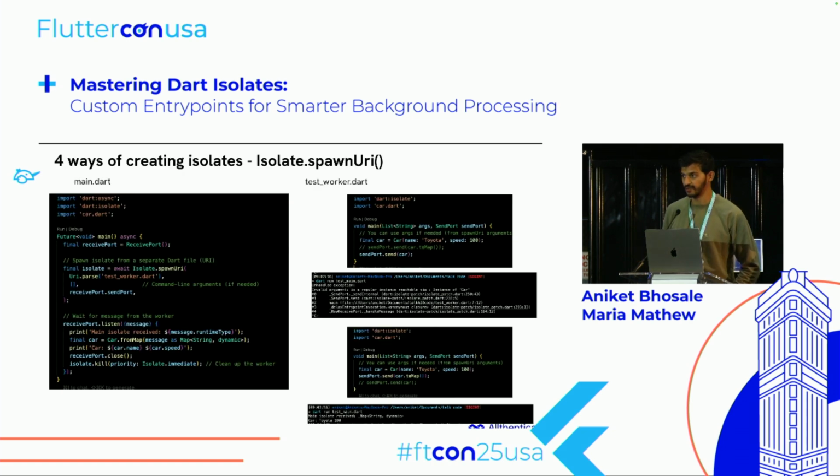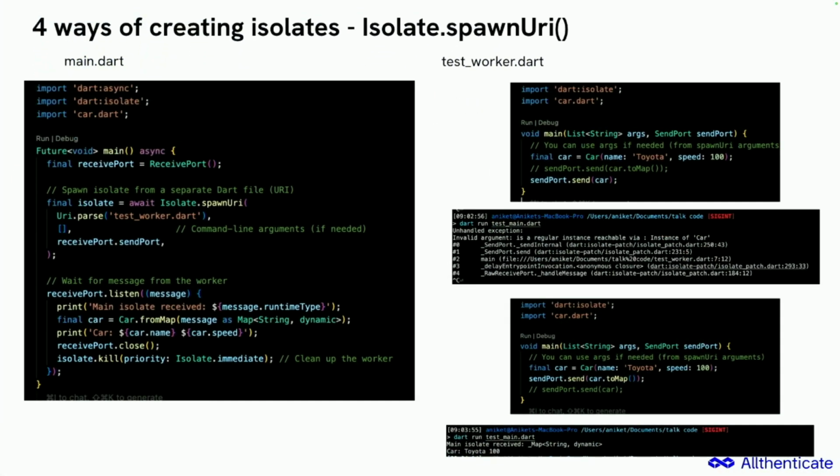The next way of spawning an isolate is something that sounds kind of natural to me. If you had an isolate that was doing its own processing, it would also be in its own set of source code, its own separate memory, its own separate files, however you want to structure it. So I'm having this test_worker.dart, and this is my worker isolate.